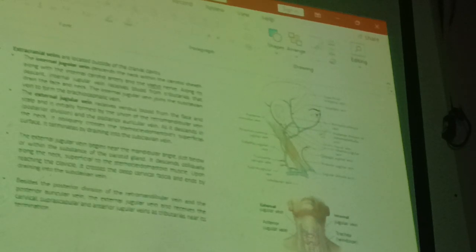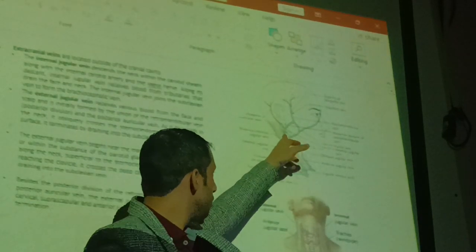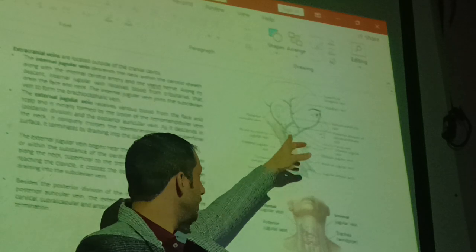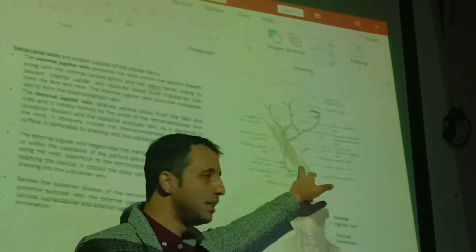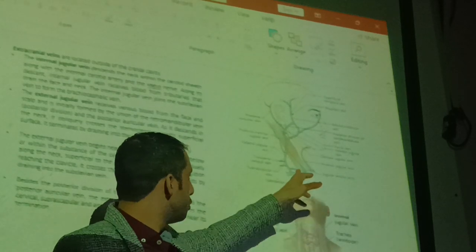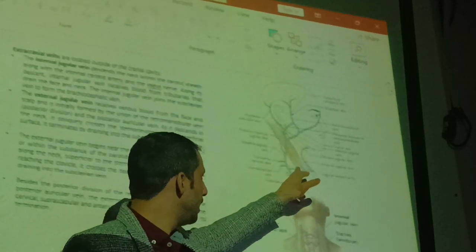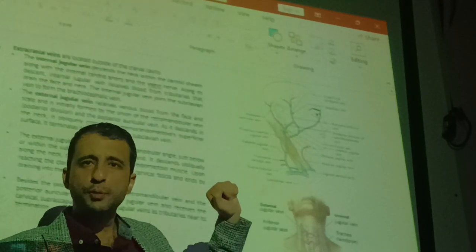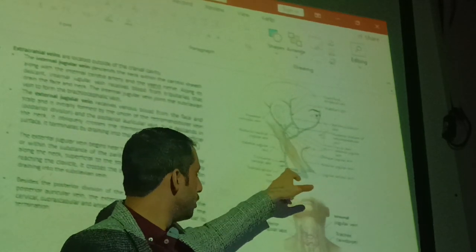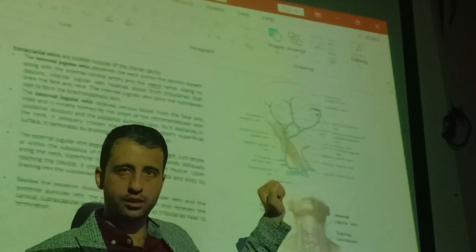This external jugular vein, as we can see, travels inferiorly, superficial to the SCM, to arrive at the posterior triangle. Which part of the posterior triangle? Supraclavicular triangle.